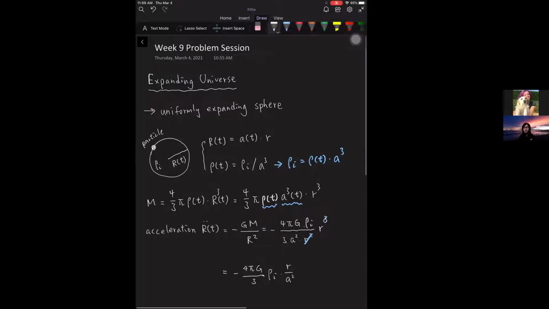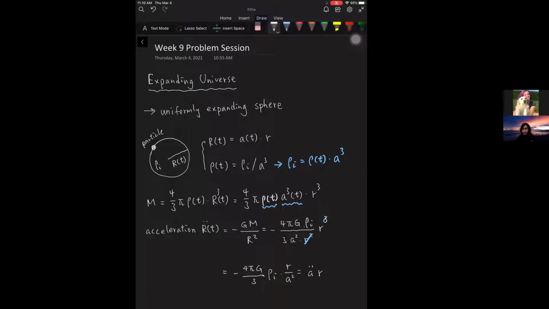This whole thing is double dot of big R, right? And we know big R is a times small r, so double dot of R would be the double dot of a times small r, because small r is a constant.